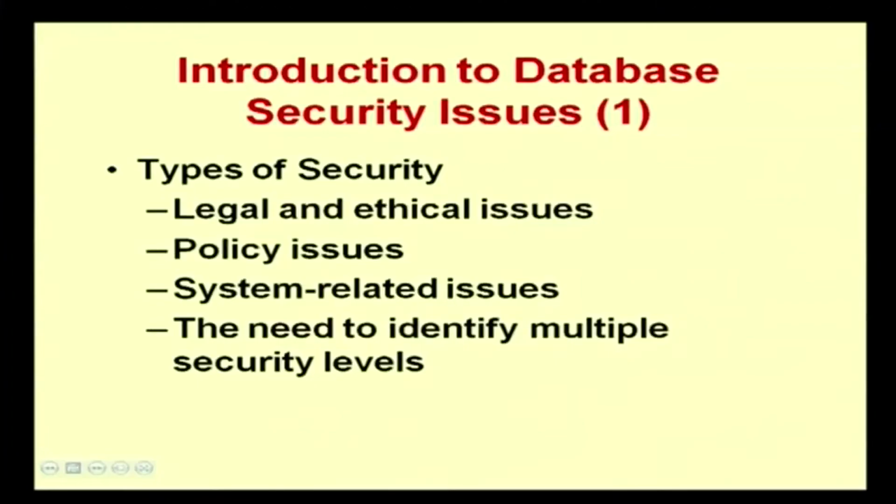So, let us start with database security and authorization. Before we go into that, we have to discuss what are the different issues associated with database security. So, there are different types of security. One is legal and ethical issues, that is no one should see our data, policy issues, system related issues, and one important aspect of database is the need to identify multiple security levels.